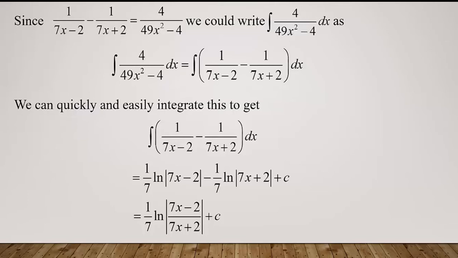So if we had noticed 4 over 49x squared minus 4 could be rewritten as 1 over 7x minus 2 minus 1 over 7x plus 2, man, look how easy that integration is.